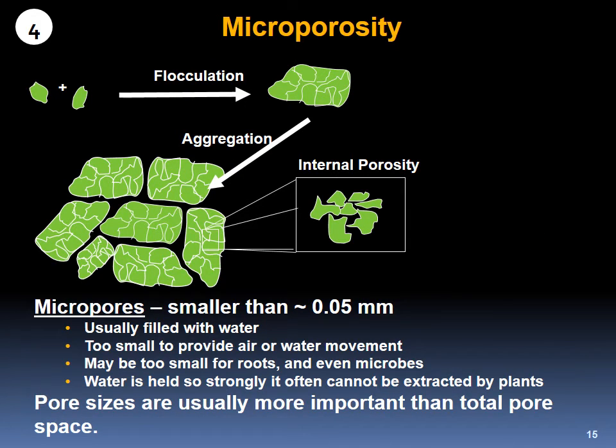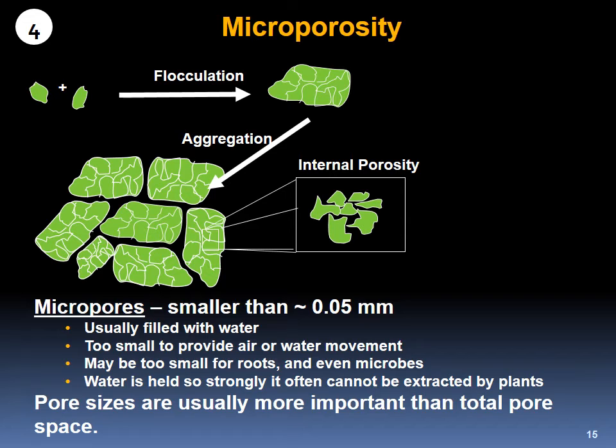Now let's look again at the clay aggregate example, and you would find that inside this clay aggregate you have clay particles, and between each particle of clay and another there are also some pores, and this type of pores we call internal porosity, whereas the spaces between each aggregate and another are the macro pores. So the microporosity describes these spaces, in this case between each clay particle and another, and these spaces are very small.